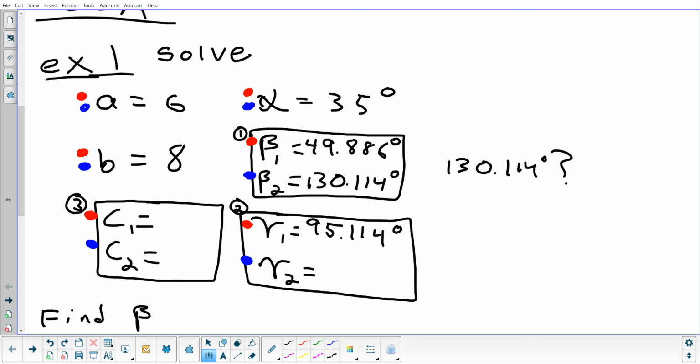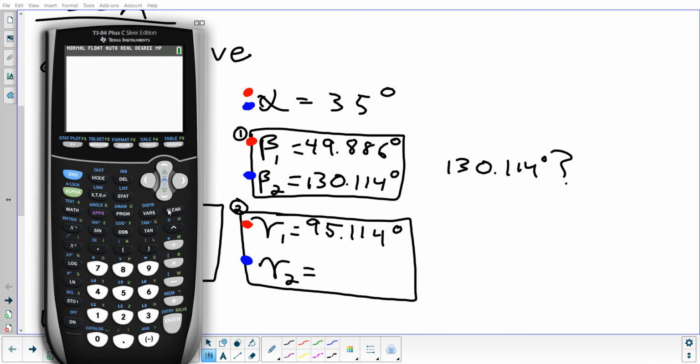Now, you have enough information, you could go do C1 right now. But if we're doing angles, I like to finish all the angles first, and then I'll go do all the sides. All right, how about gamma 2? What angles were we going to add up and subtract from 180 to get gamma 2? Yep, 35 and beta 2.